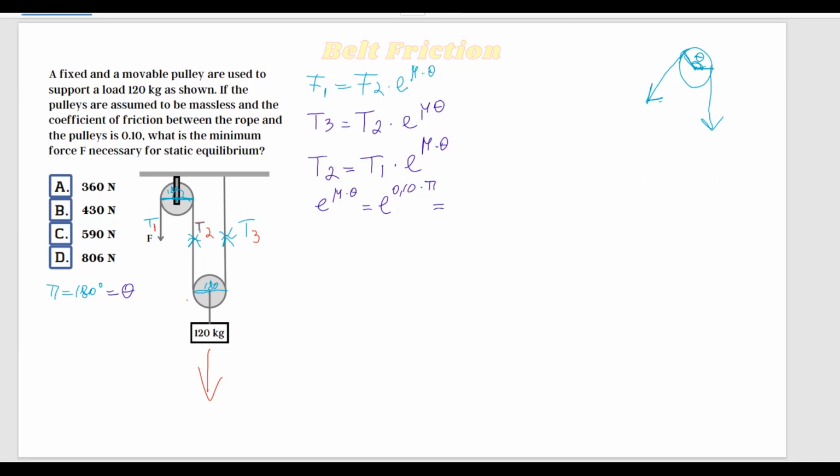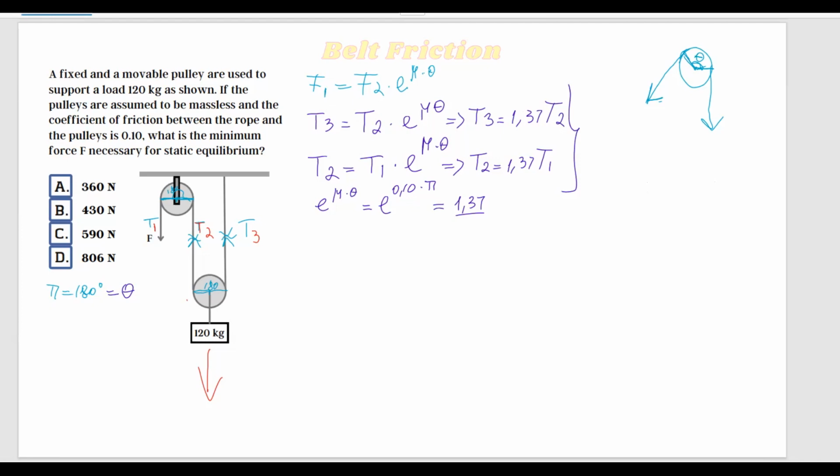And you're going to get a value of 1.37. So with this value, we can come back here and say that T2 is equal to 1.37 T1. And here we can say T3 equals 1.37 T2. So now we have two equations.